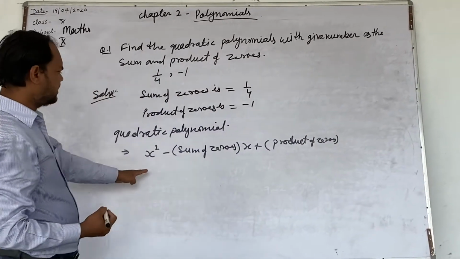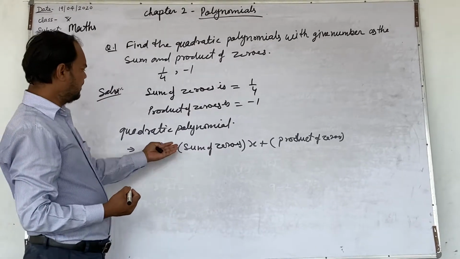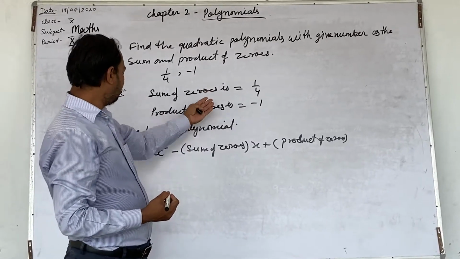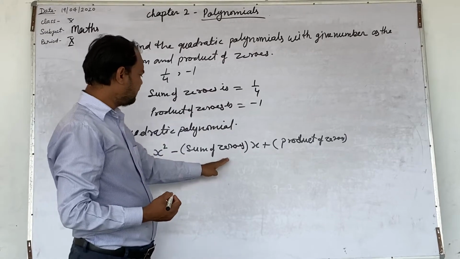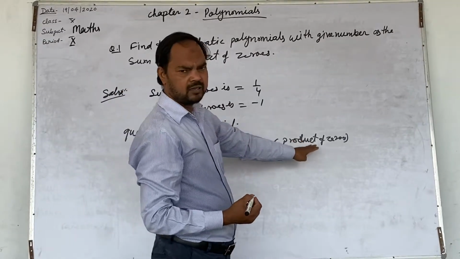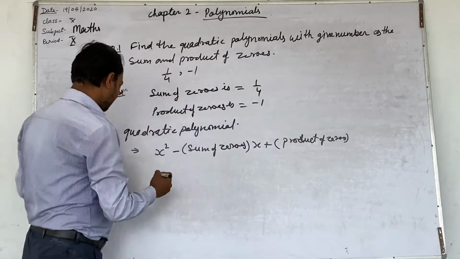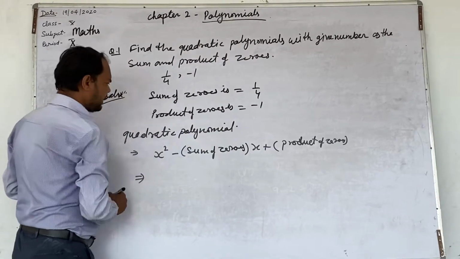We can use this formula to frame a quadratic polynomial. x square minus sum of zeros into x plus product of zeros. So using this we can find it here.